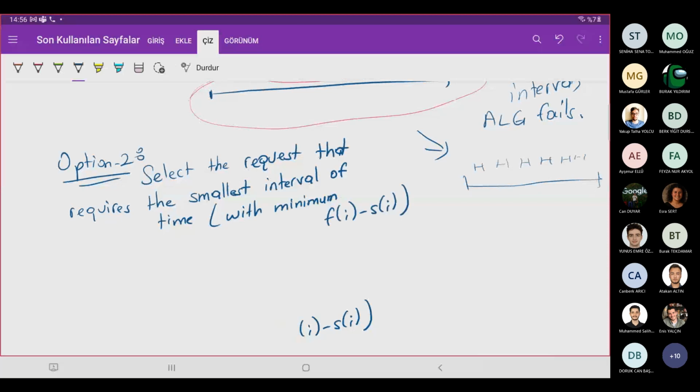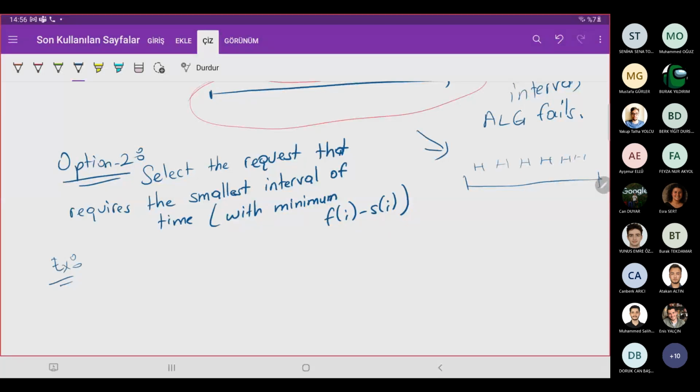But I have another counterexample here. Because it's a short request, we intuitively think that it has less chance of overlapping with the other requests because it's short. So it makes sense. But the thing is that it doesn't have to.